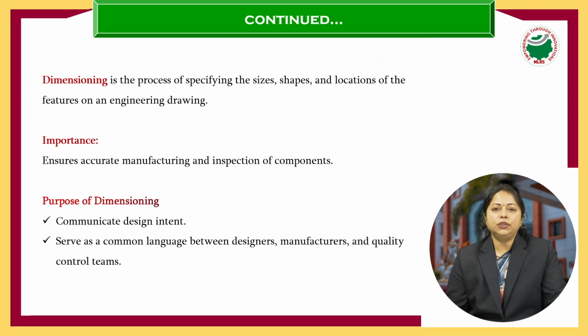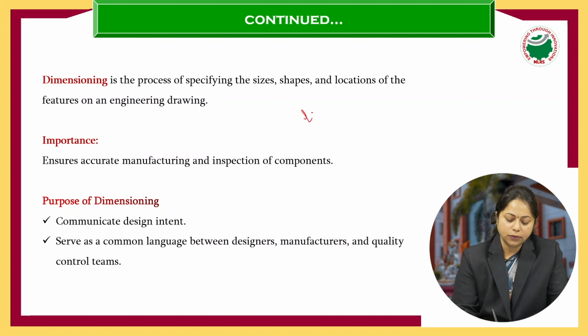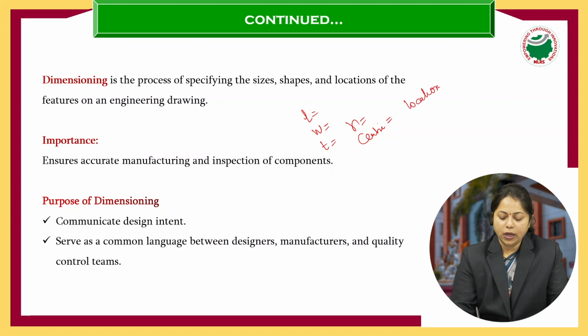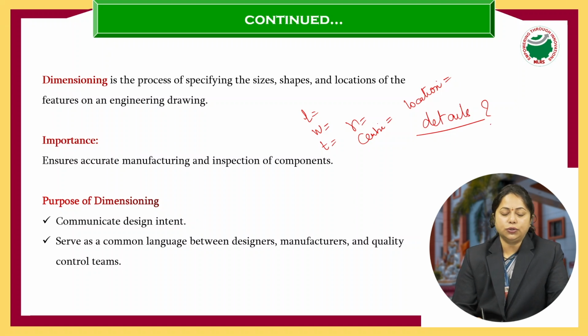The specifications given to a drawing can be the length, the width, thickness or radius, or the center, or other locations where you have to place some objects. All the details have to be clearly mentioned. So mentioning the specifications or the details of the drawing is called dimensioning.